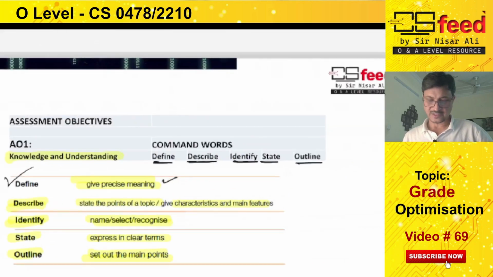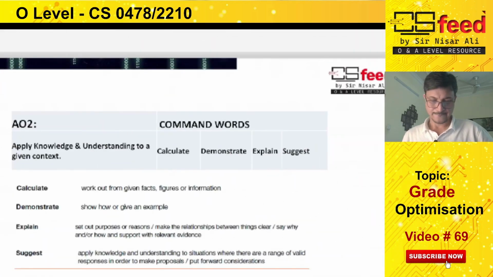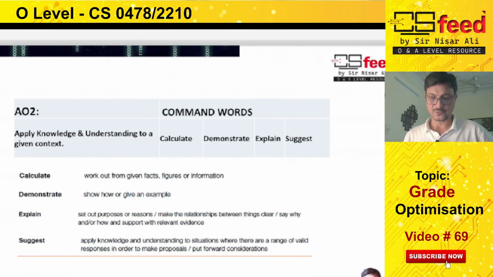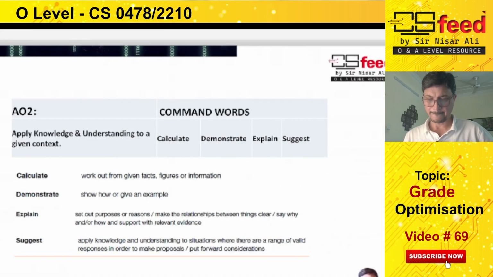Now let's see the command words in assessment objective 2. These are calculate, demonstrate, explain, suggest. So you will remember these things.